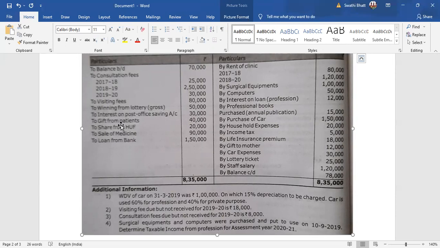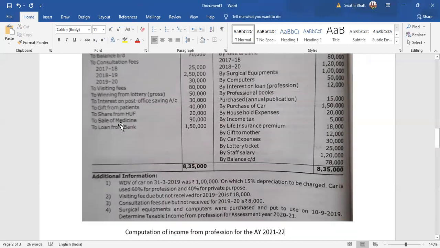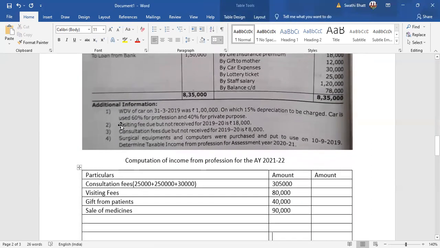Interest that you pay on a loan will be recorded as expense, but the loan that you get, even if it is for professional purpose, is a capital receipt, so we are not recording it. So loan from bank will not come under the heading of professional receipt. You add all of these, so that will sum up to 5,15,000.